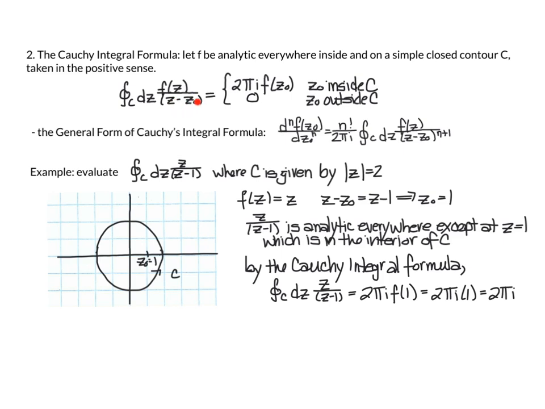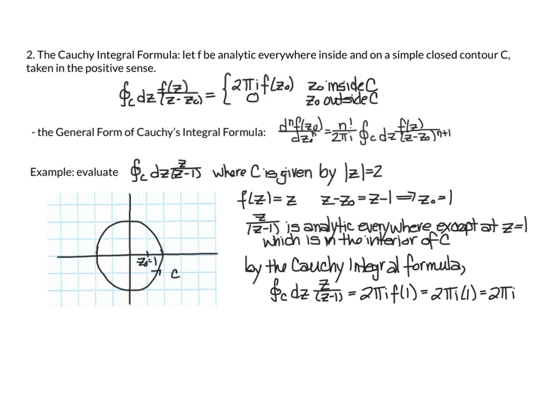There's a singularity at z naught. But f of z is analytic everywhere. So if f is analytic everywhere, then the answer is going to be 2 pi i f of z naught if z naught is inside of C, and 0 if z naught is outside of C.